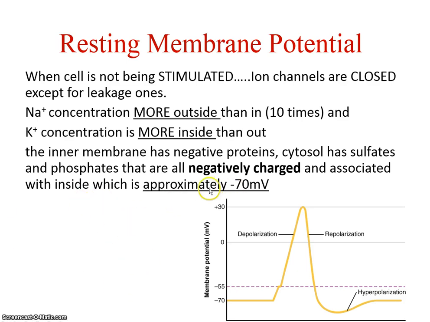So we've got this distribution of potassium, sodium, calcium, as well as many, many negatively charged ions. And this results in, at rest, with no changes occurring, about minus 70 millivolts.